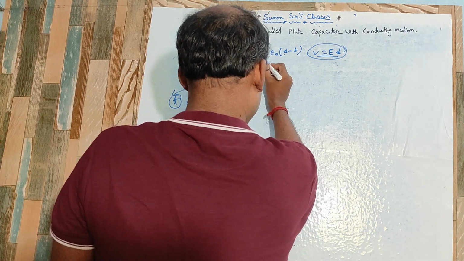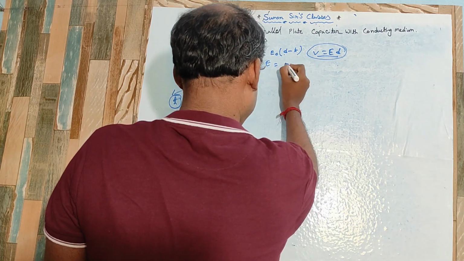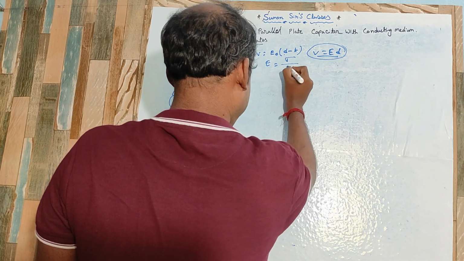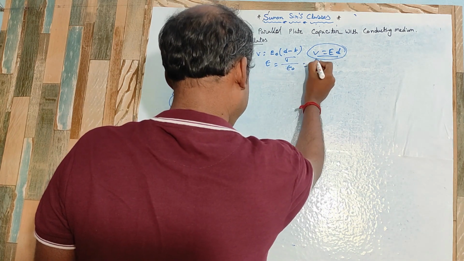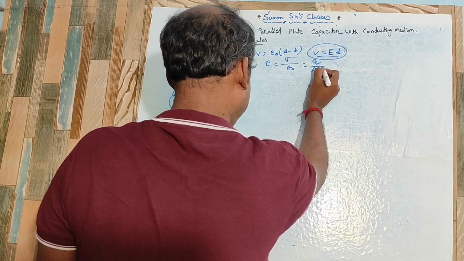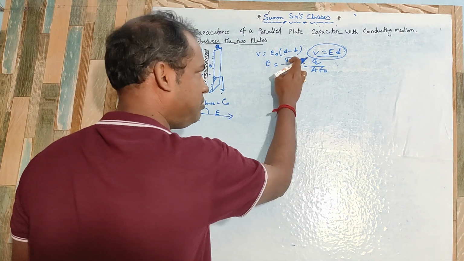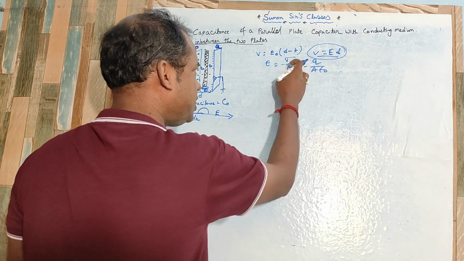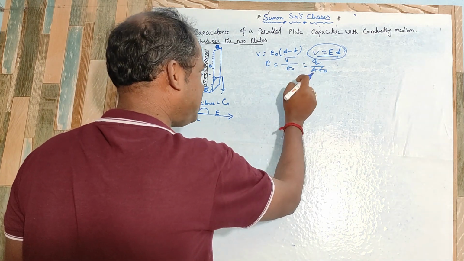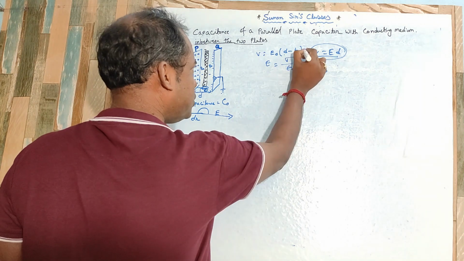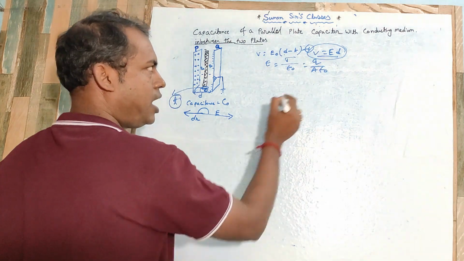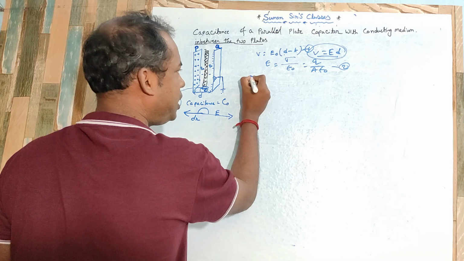Now E may be written as sigma by epsilon naught. So sigma equals Q by A, which gives E equals Q by A epsilon naught. Consider this one as the first equation and this one as the second equation.